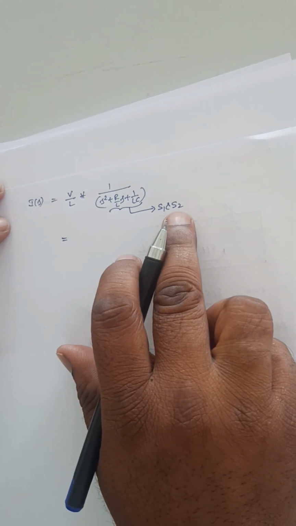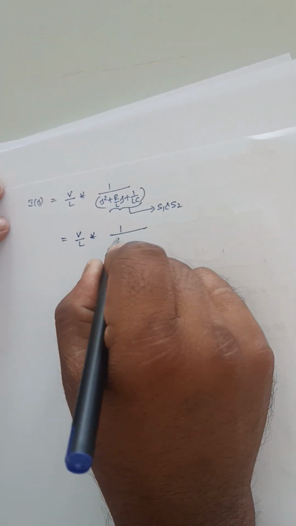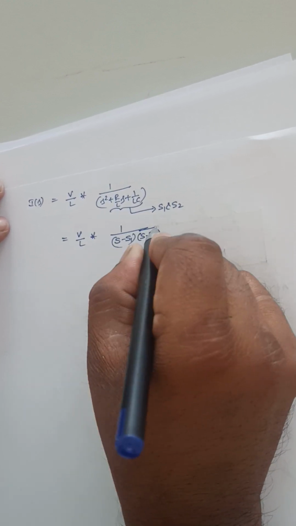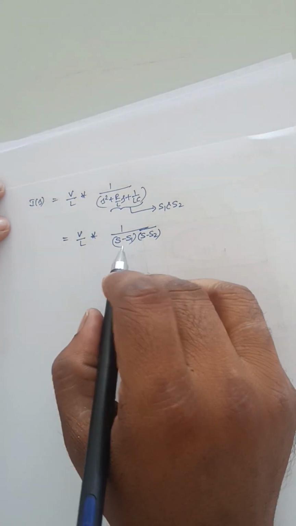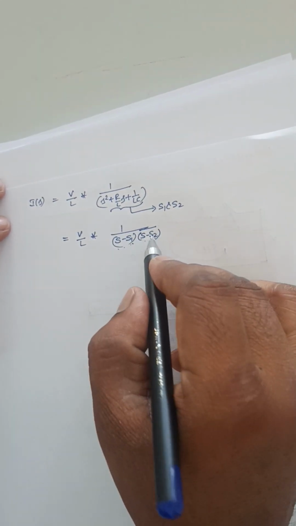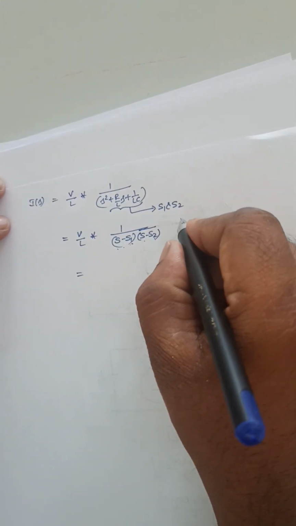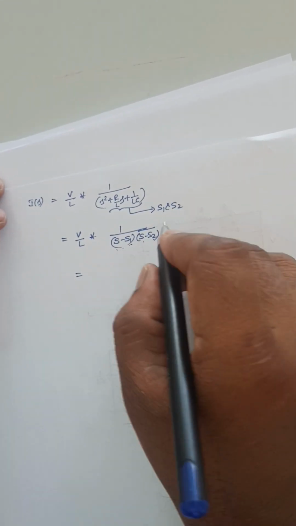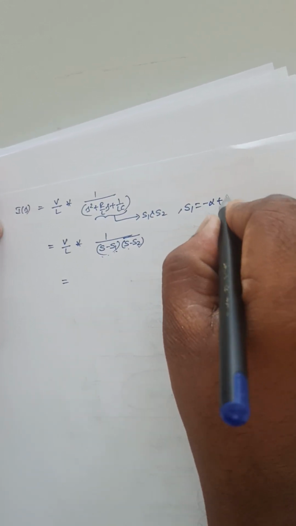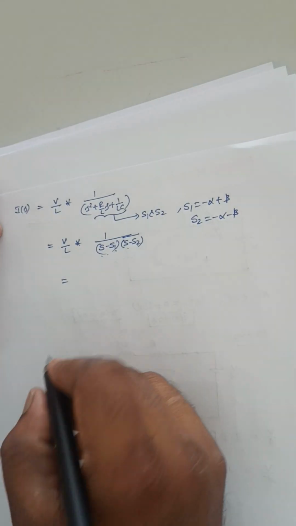So it is V by L into 1 by (s minus s1) into (s minus s2). I can write this expression like this, where s1 is minus alpha plus beta, s2 is minus alpha minus beta.